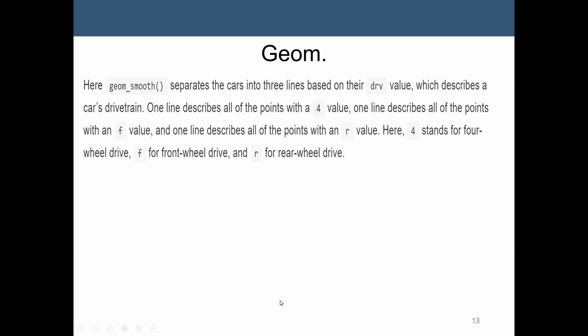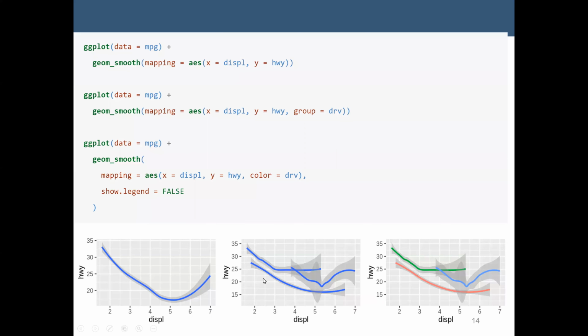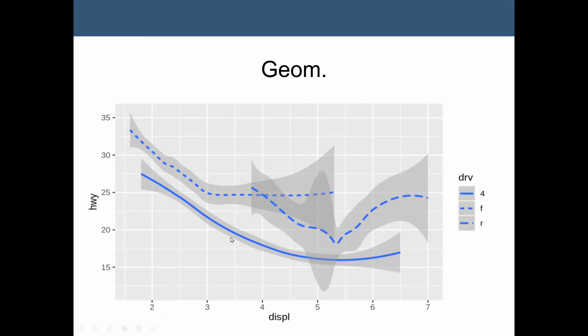Here, 4 stands for four-wheel drive, f stands for front-wheel drive, and r stands for rear-wheel drive. So again, let's go back. So again, this is four-wheel, front and rear wheel.